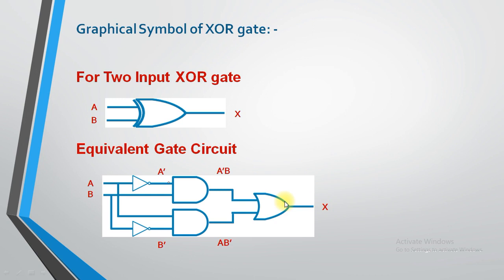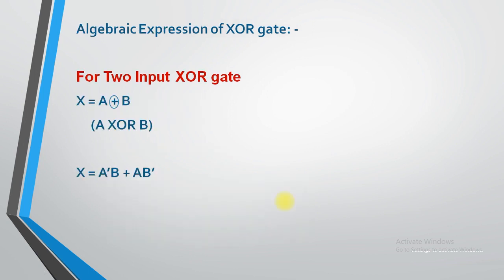Let us repeat the formula and graphical symbol once again. Over here we are going to understand what is the use of the XOR gate. XOR gate means what? Exclusive OR, right? Now what is the formula for the OR gate?